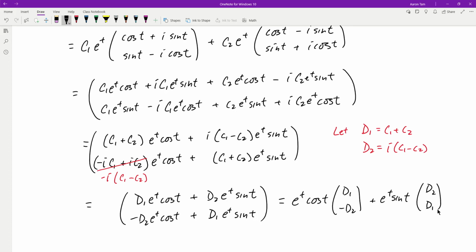If you want, you could also collect the d1 and d2 together. If you do that, you can say it's d1 multiplied by (e^t cosine t, e^t sine t) plus d2 multiplied by (e^t sine t, negative e^t cosine t).